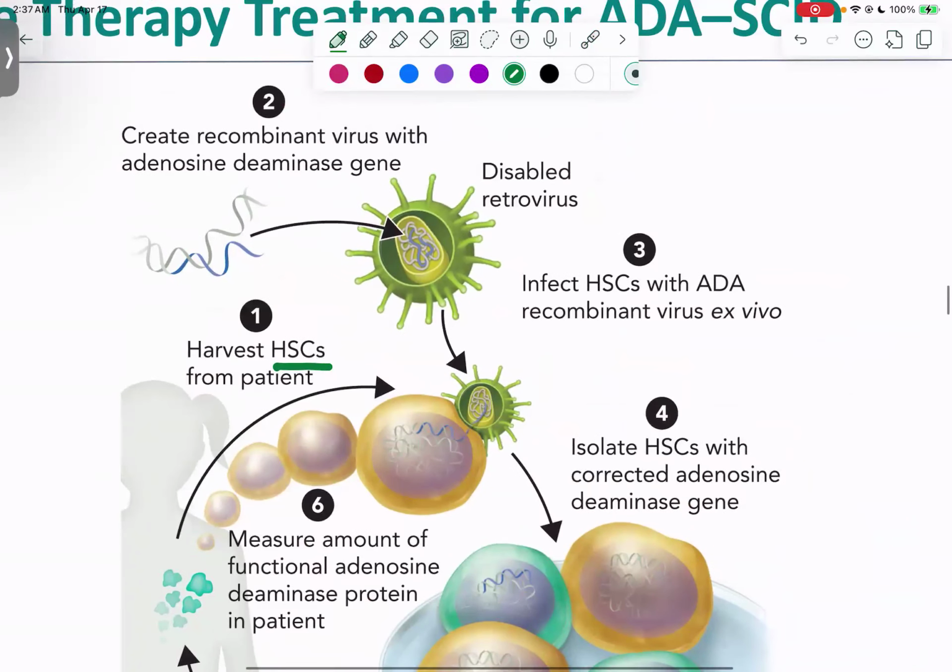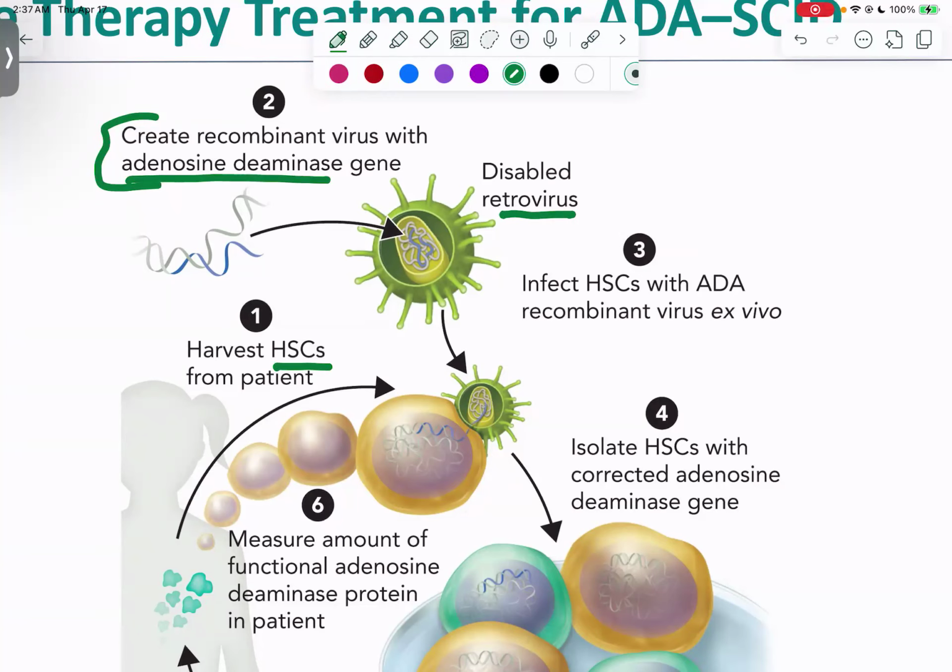And at the same time, they're also creating recombinant viruses. It's a virus that normally would infect human cells, but can't. It can't replicate, and it doesn't have all of its normal genetic information. It has in its place the adenosine deaminase gene.